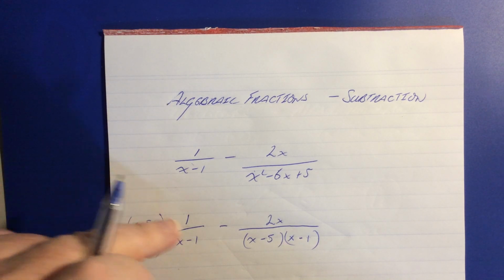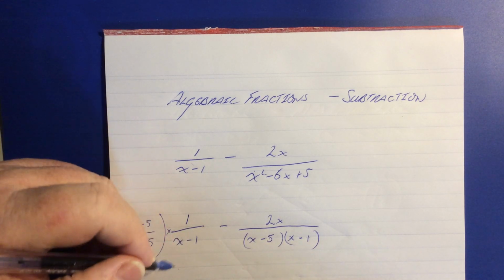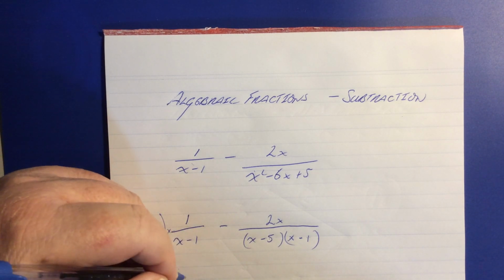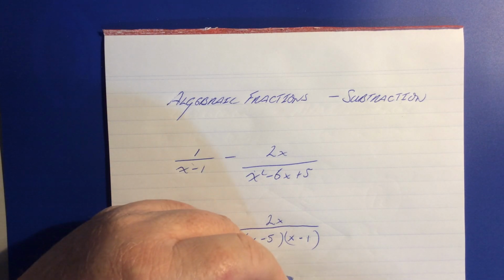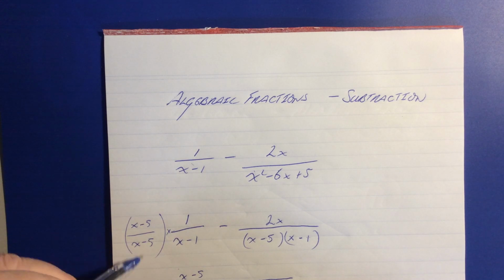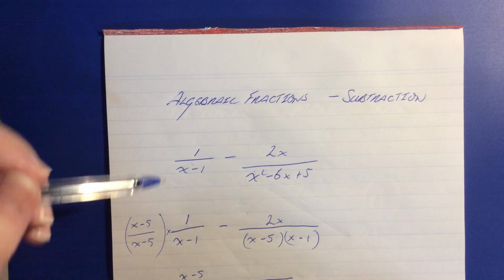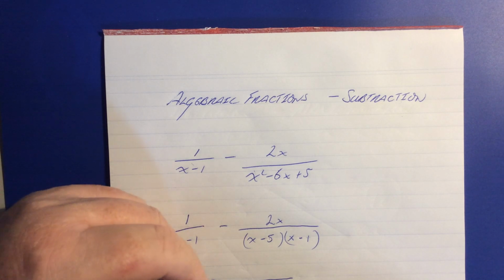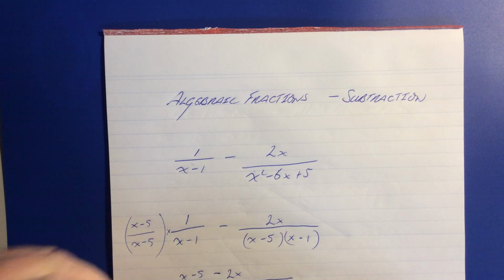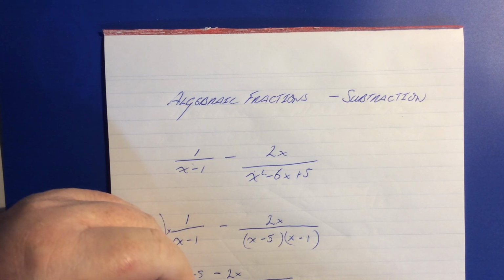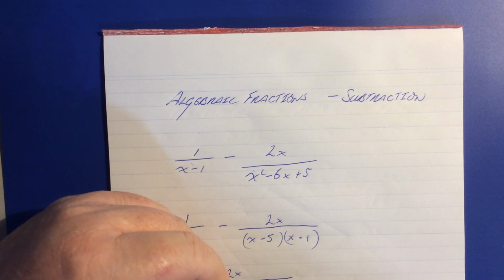Okay, so I'm going to rewrite this side with our lowest common denominator. So 1 times x minus 5 is x minus 5. And the old rule about being able to combine these once we have a common denominator holds true. So that is minus 2x. And that is all over x minus 5 times x minus 1.